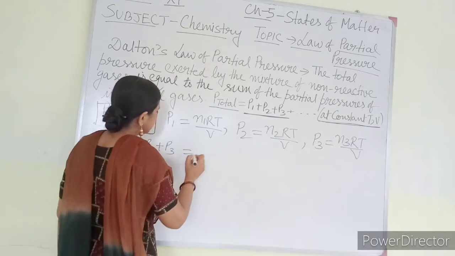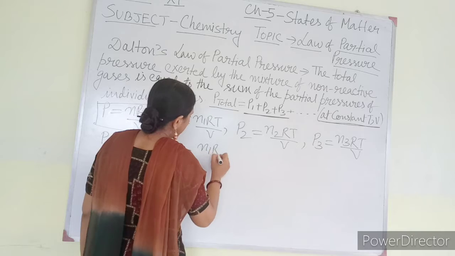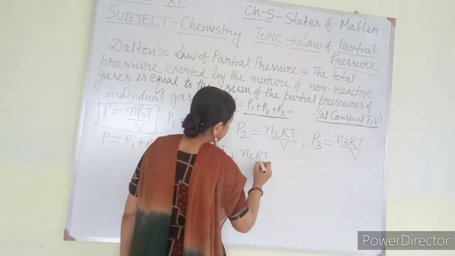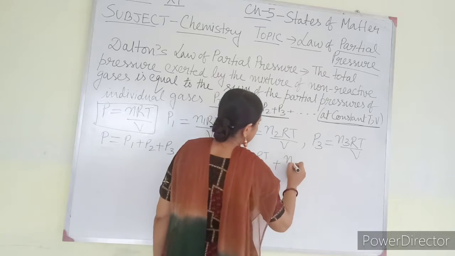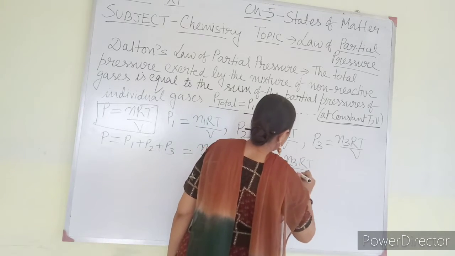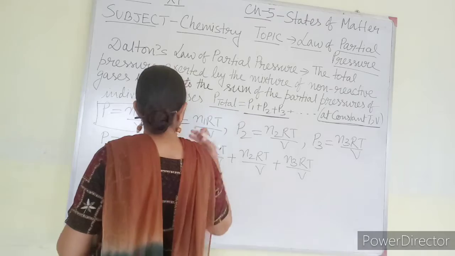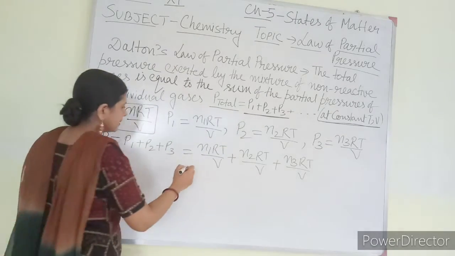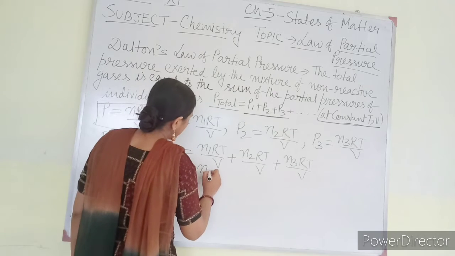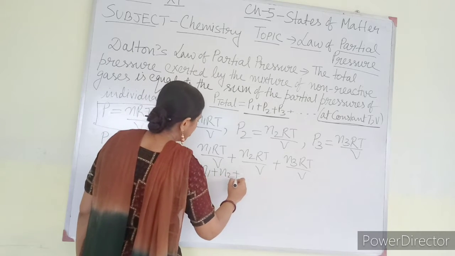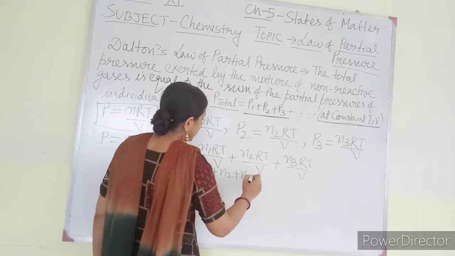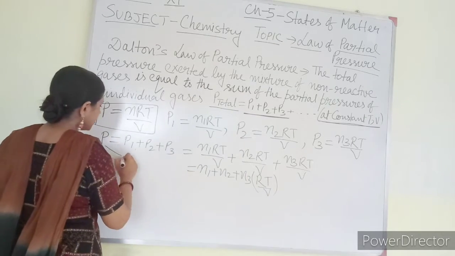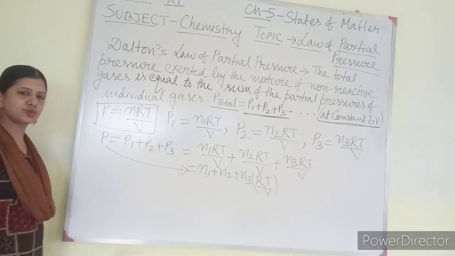So I can write it as N1RT by V plus N2RT by V plus N3RT by V. Now RT by V is common. So I can write N1 plus N2 plus N3, then RT by V. This is my total pressure.